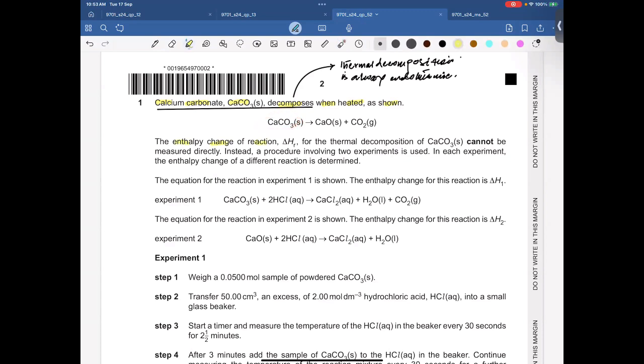The enthalpy change of reaction, delta HR, for the thermal decomposition of calcium carbonate cannot be measured directly. Okay, that's a very powerful statement, a very, very important statement. Why can the calcium carbonate thermal decomposition not be measured directly?